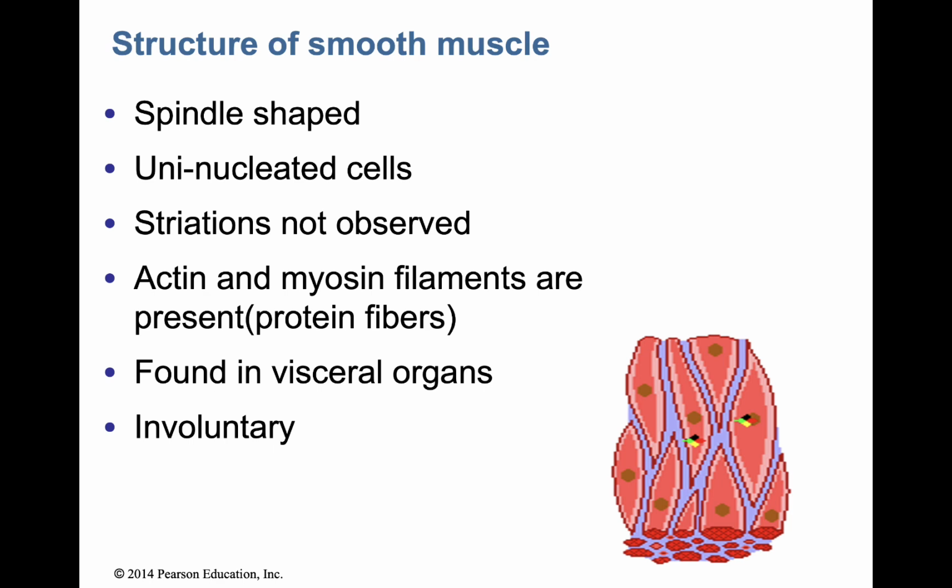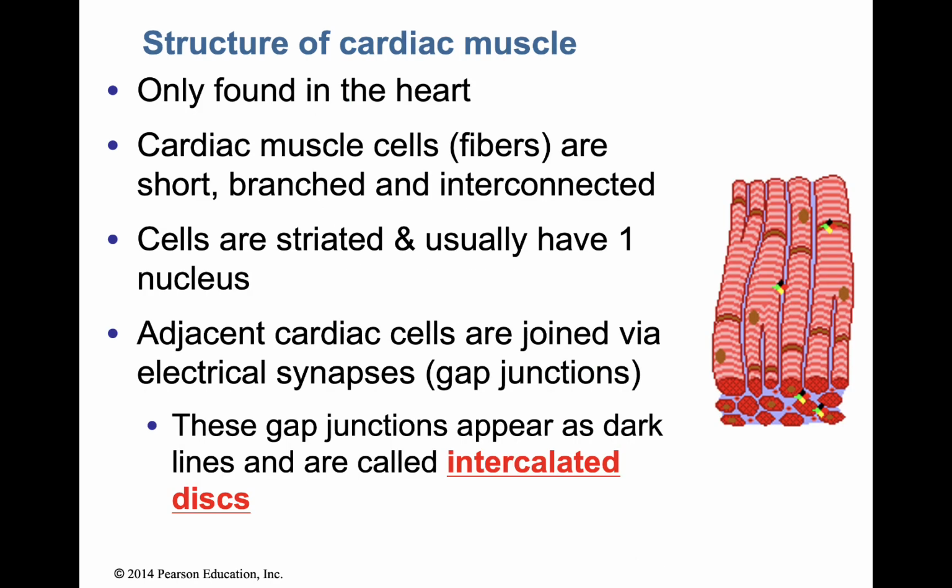The primary place you're going to find these muscle types is going to be in visceral organs, which means internal hollow organs. You can also find these in blood vessels. Smooth muscle is involuntary, which means you are not in charge of consciously dictating when it contracts or relaxes.